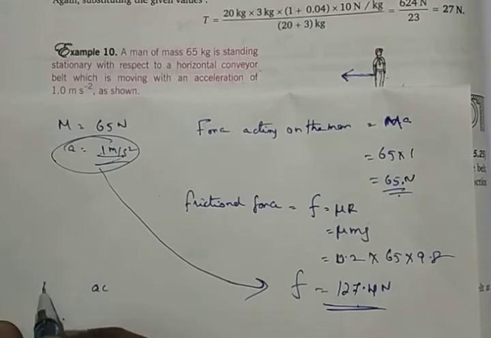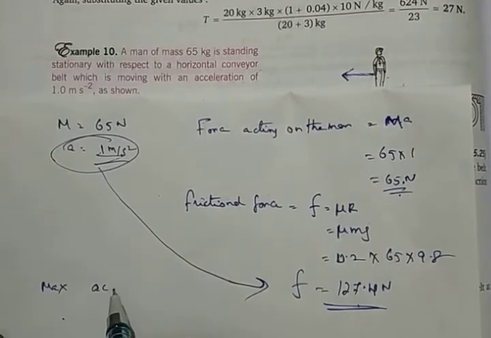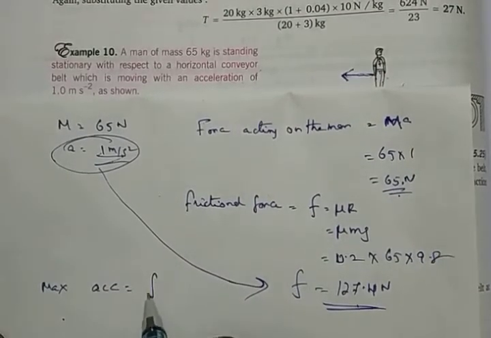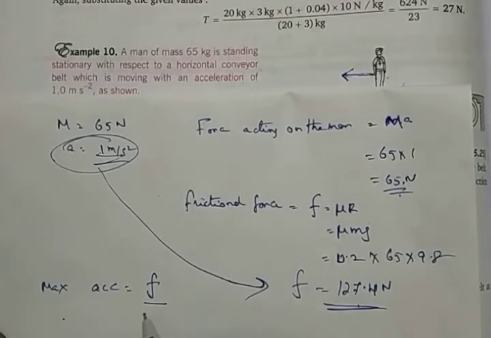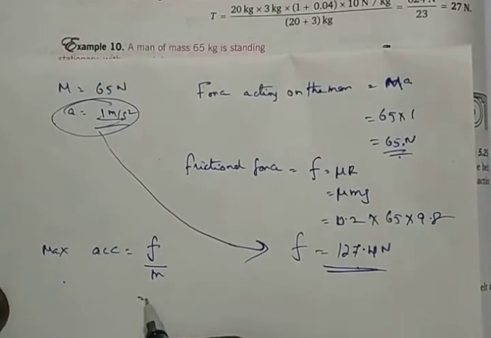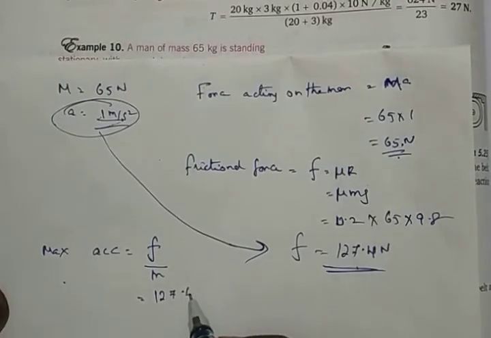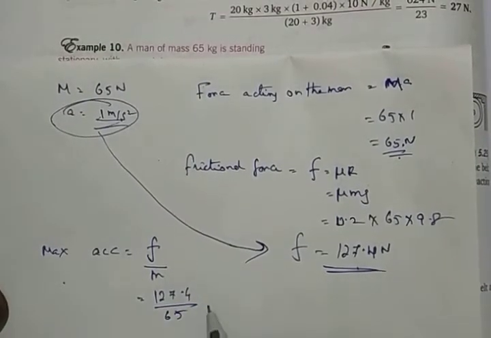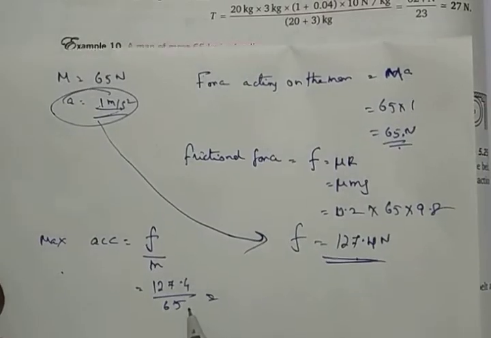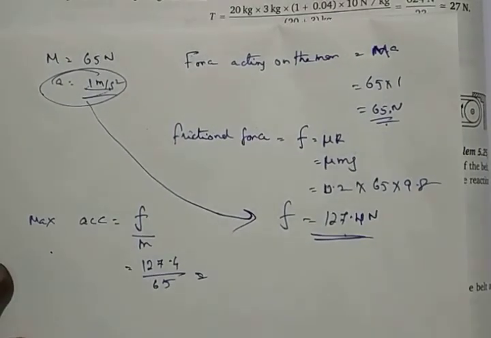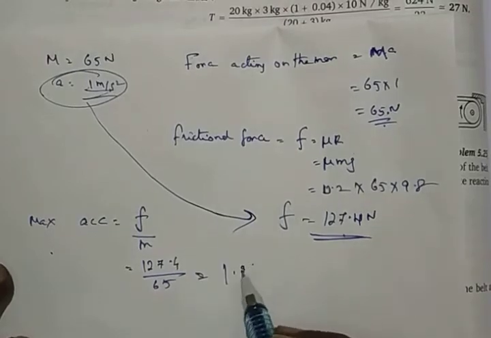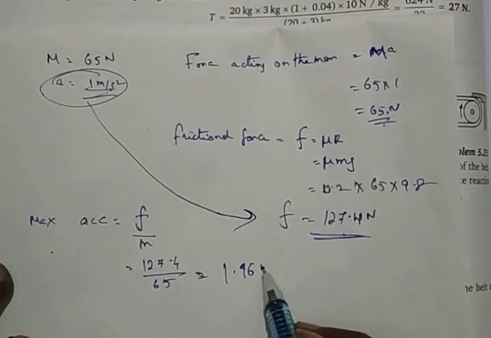Maximum acceleration is going to be equal to the frictional force upon mass, so 127.4 upon 65 kg, where 65 kg is the mass of the man. Now you do the calculation here, and you will get almost 1.96 meter per second square.